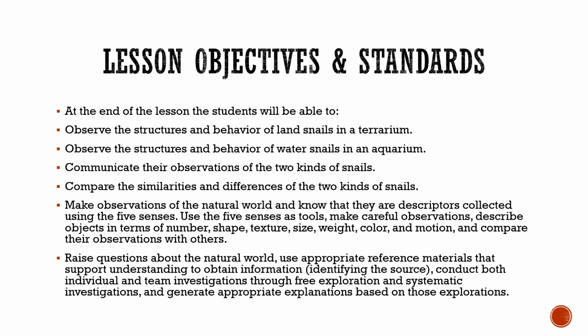Even if you only have friends or family members around you, you can always converse and compare them with each other. Also, you should be able to raise questions about the natural world. Use appropriate reference material that supports your understanding and to obtain information. Identify your source.